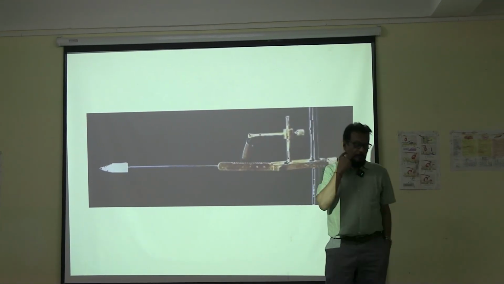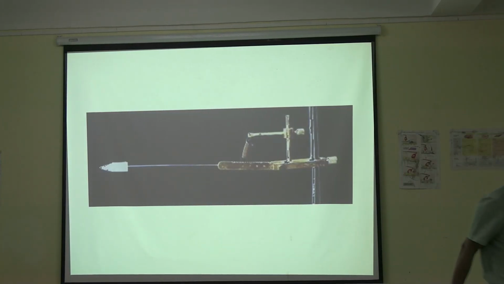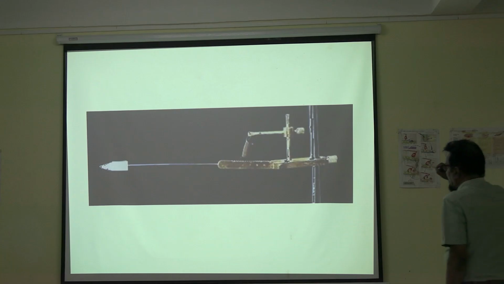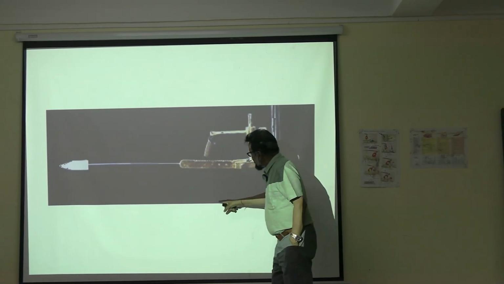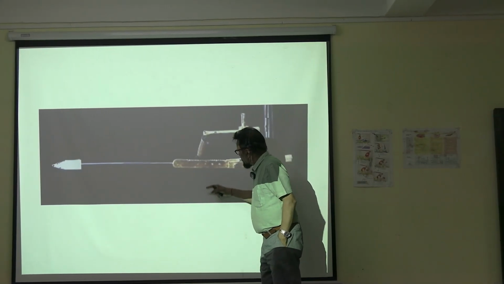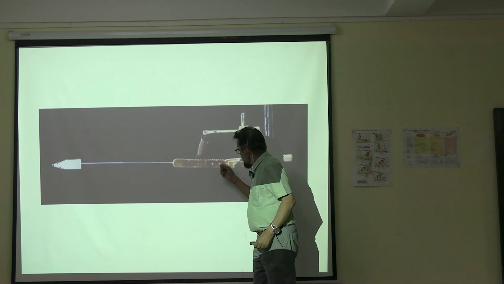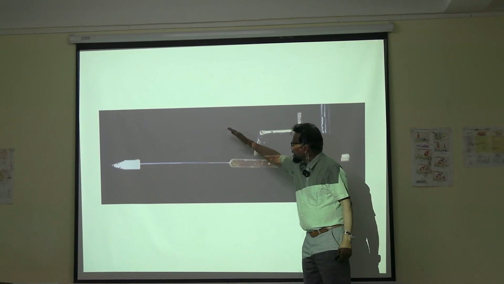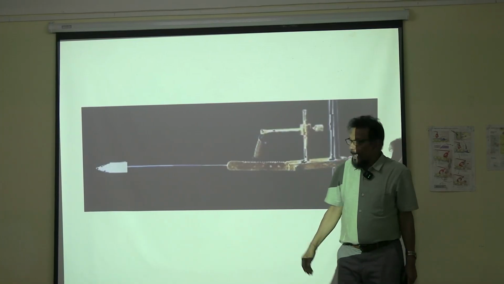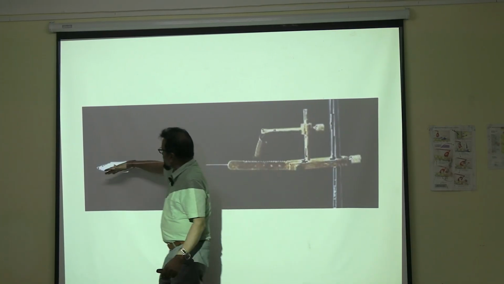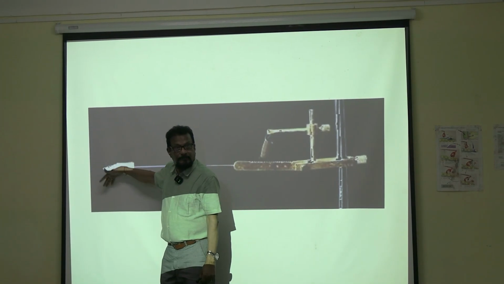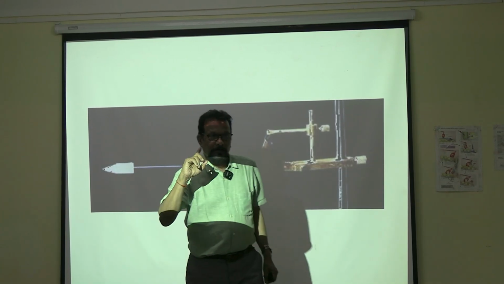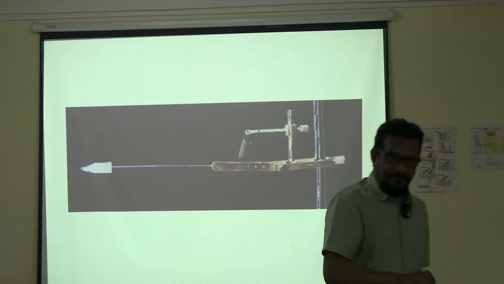This lever is called Starling's heart lever. So when the heart is beating, there will be up and down movement of the stylus, and this movement can be recorded on a kymograph.